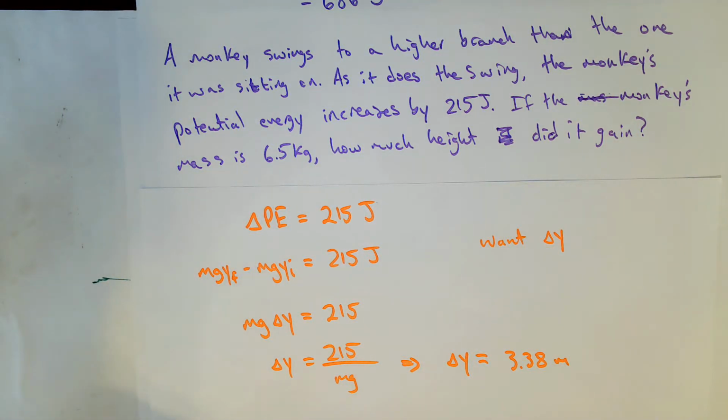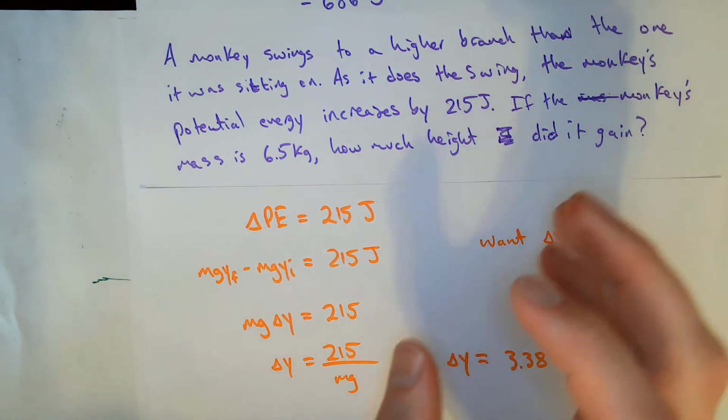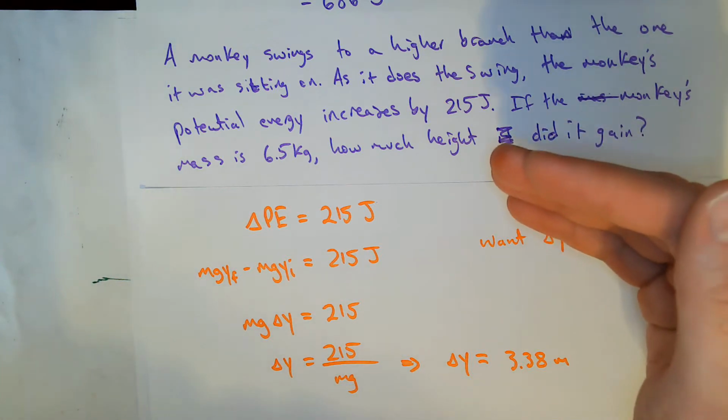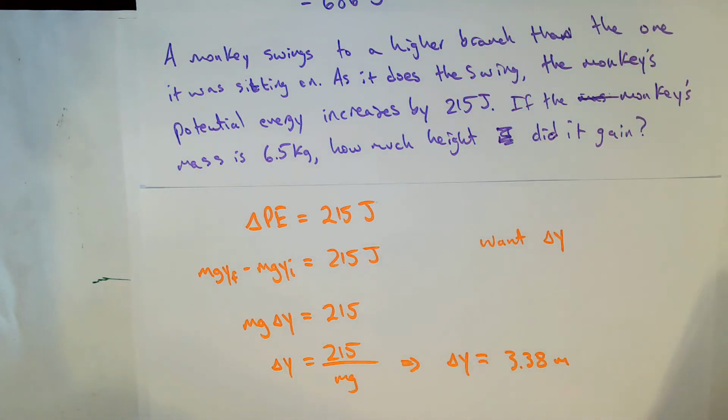So what I could argue is that his initial velocity is 0 because he's just sitting on a branch, and then he makes this huge jump up to another branch. So he's moving for a moment, and then he lands again, and his final velocity after he sits down again is 0 again. So this problem's not really about a change in speed. It's more just about that change in height.